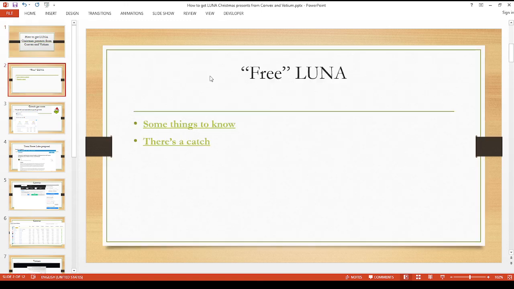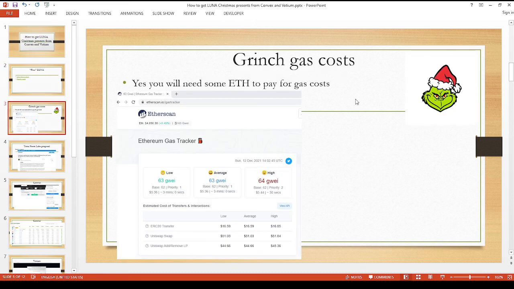So I put free Luna in quotation marks because nothing is truly free. There are some upfront costs, there are some things you need to know, and there's always a catch. The first big catch is that unfortunately gas costs, even though they're lower than in recent weeks, are still kind of high.